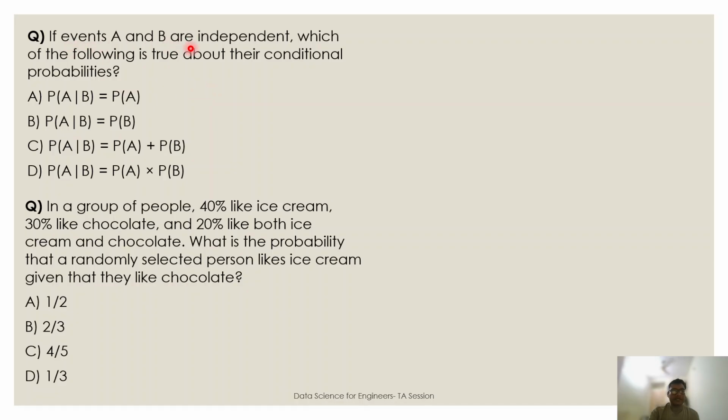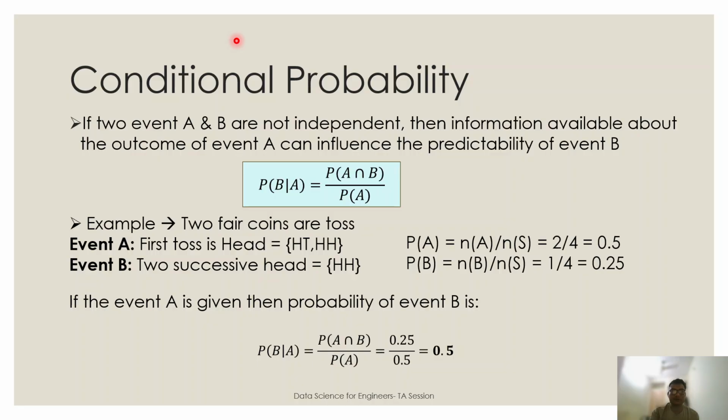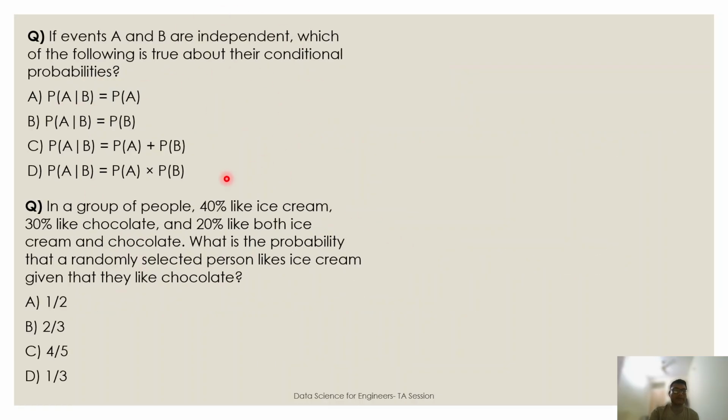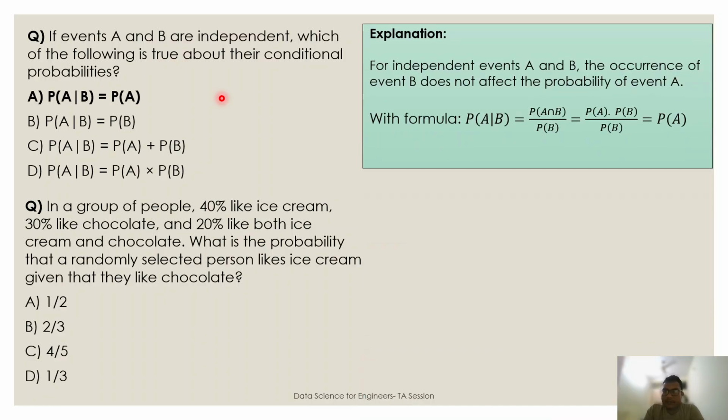So if events A and B are independent, we know this formula: probability of B given A is probability of A intersection B divided by probability of A. The correct answer is probability of A.